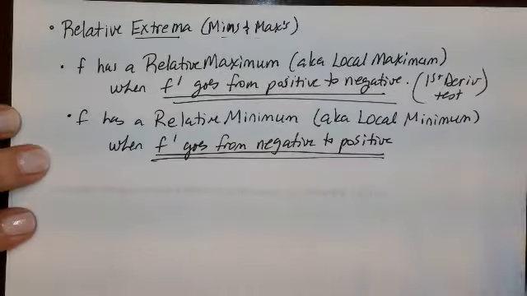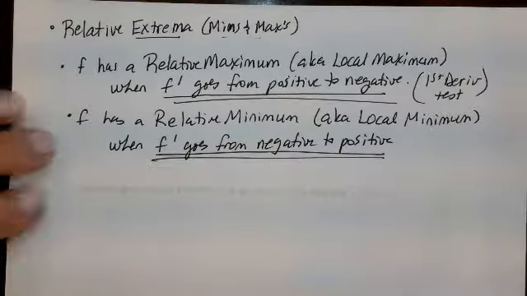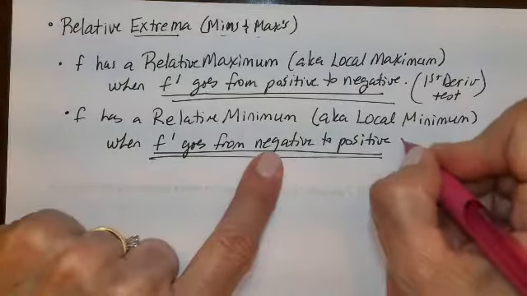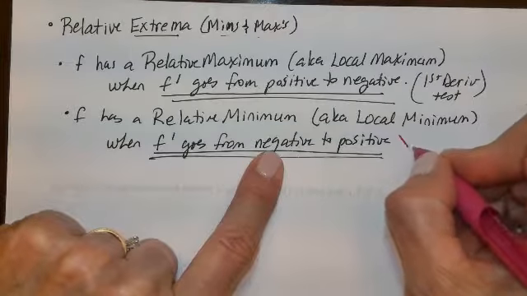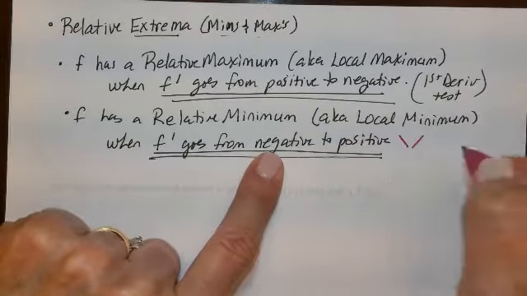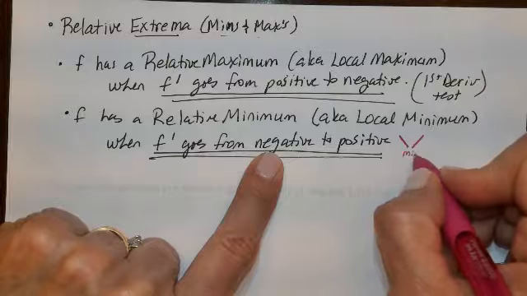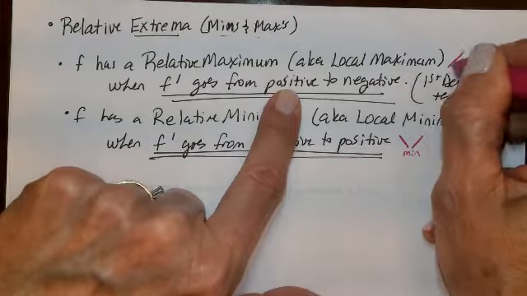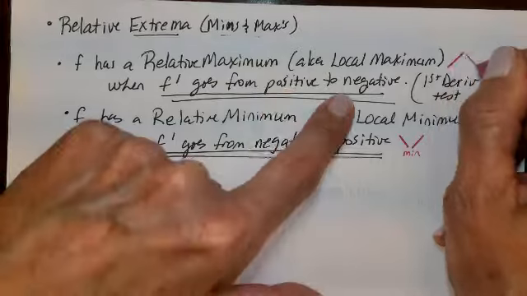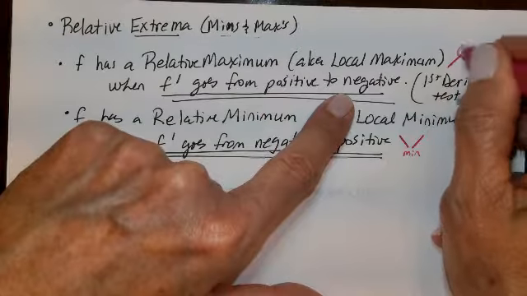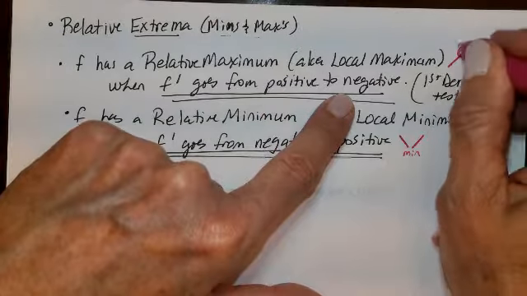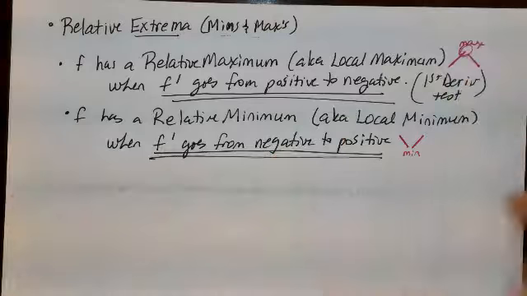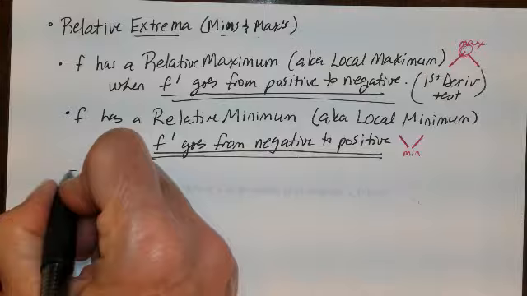Okay, so f prime negative to f prime positive has to be a minimum. F prime positive to f prime negative must be a maximum. Okay? All right, first question on this, I think I'm on example 5.